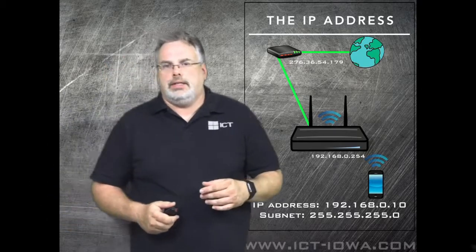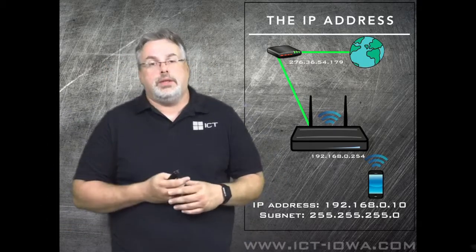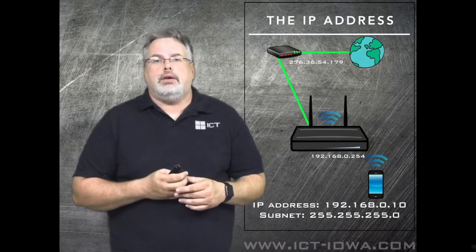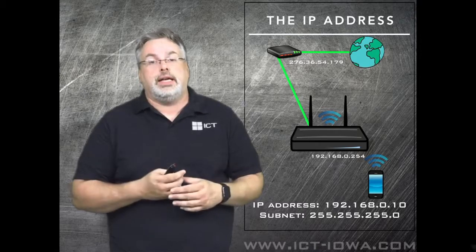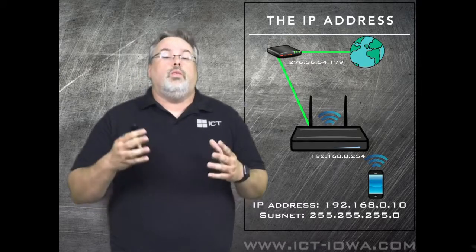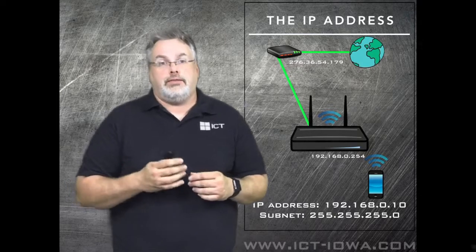On the other side of this, we would have the receiving PC or phone in this scenario. The receiving address is 192.168.0.10, but it makes its way through 276.36.54.179, if I read that correctly.